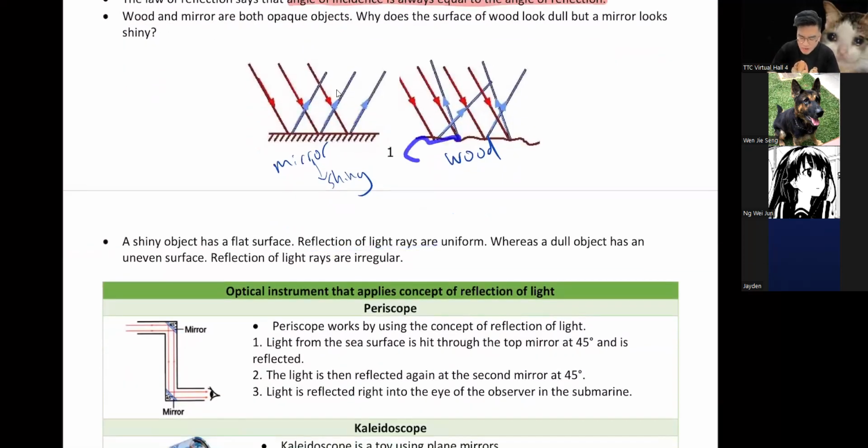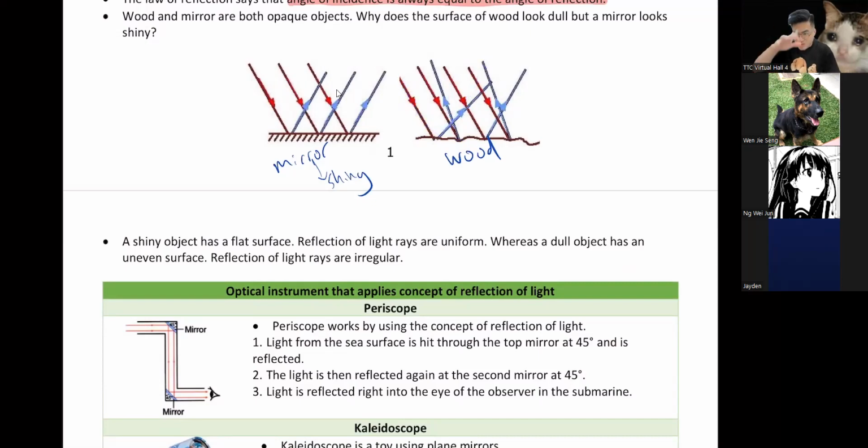All right, what about a dull object though? Okay, when an object is dull, if you look at wood, you don't see the surface like this, but when you zoom in, you do. When you zoom into wood surface, they will just look kind of bumpy. So this bumpiness, they are not uniform. So the light will just simply bounce off. Okay, you see, this one no uniform, no pattern.